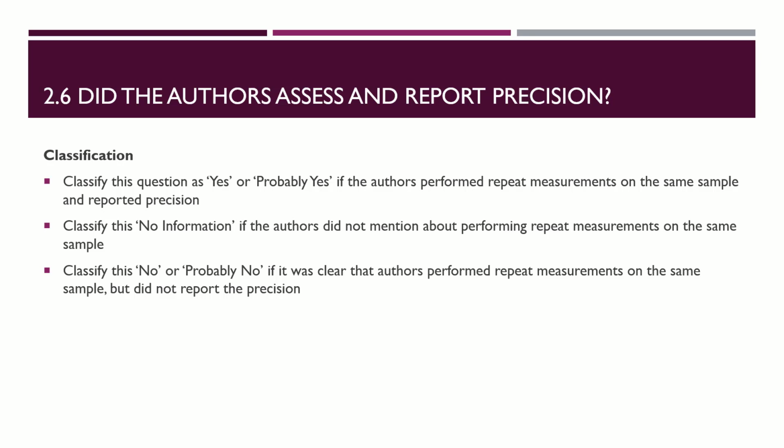Classify this as no information if the authors did not mention performing repeat measurements on the same sample. Classify this as no or probably no if it was clear that the authors performed repeat measurements on the same sample but did not report the precision.